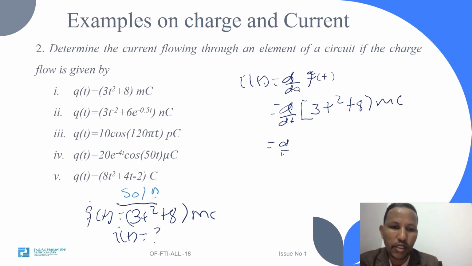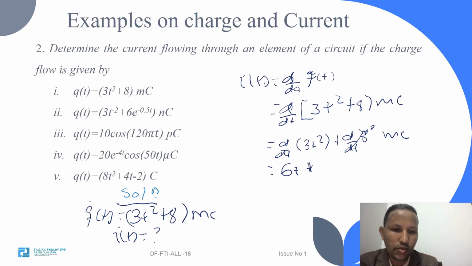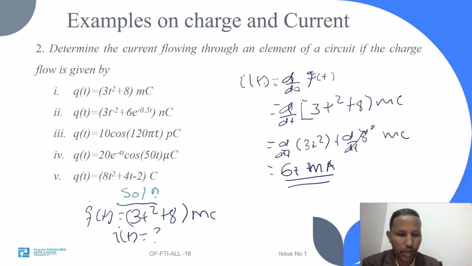Okay, so d by dt of 3t squared plus d by dt of 8, millicoulomb. So this is 6t plus 0, because 8 is a constant. Okay, so milliampere. So the expression for the current passed through the element is given by this expression.